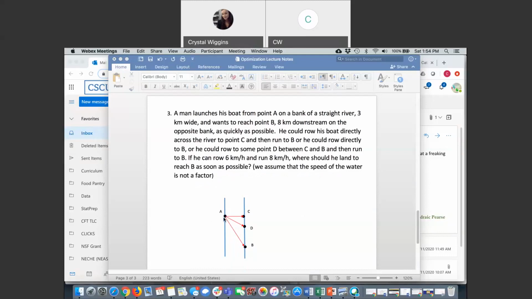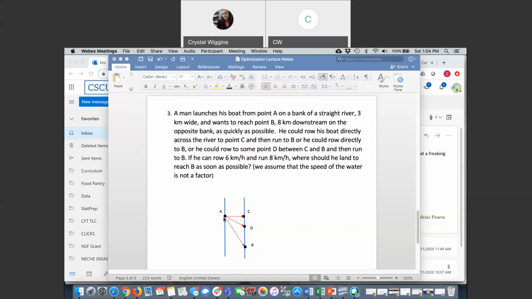He could row his boat directly across the river to point C and then run to B. Or he could row directly to B, or he could row to some point D between C and B and then run to B. If he can row 6 kilometers per hour and run 8 kilometers per hour, where should he land to reach B as soon as possible?